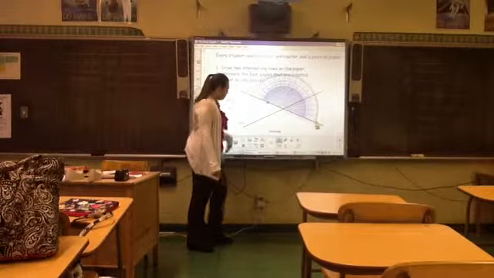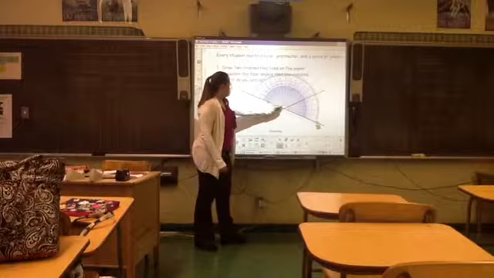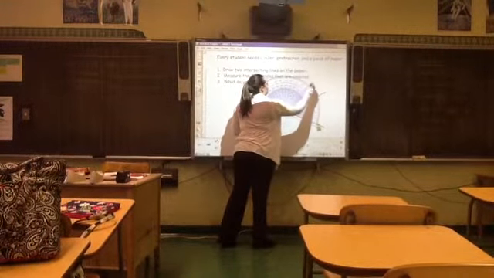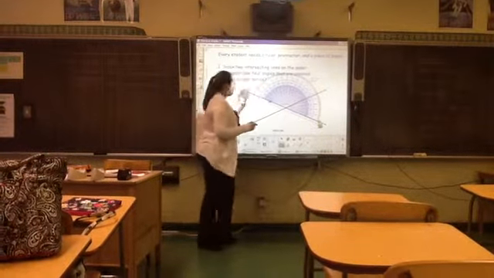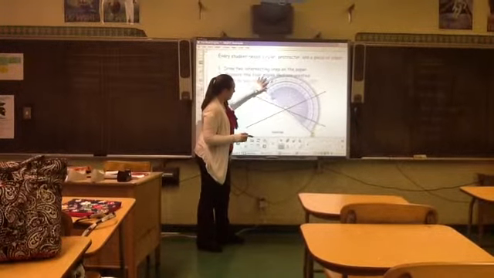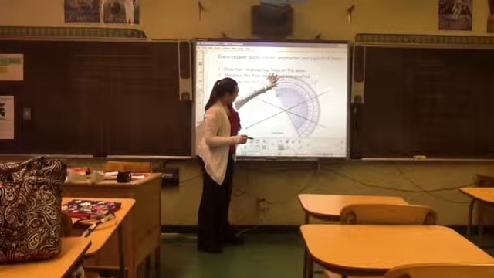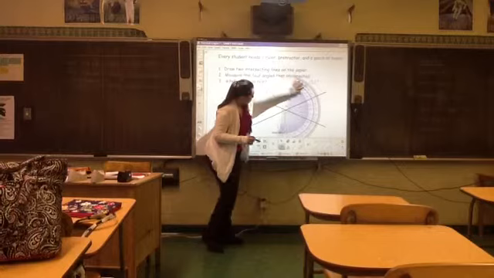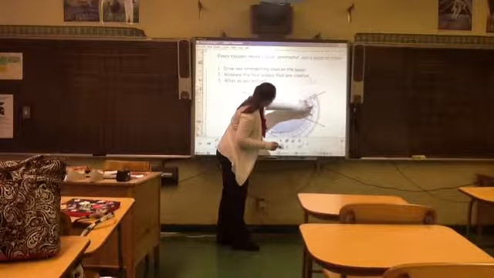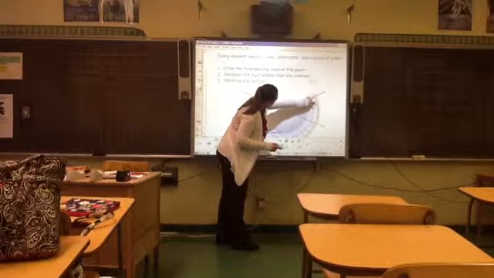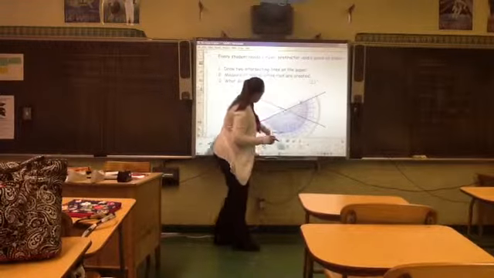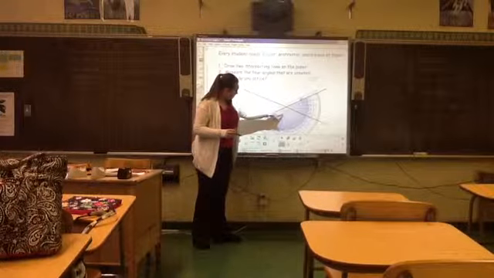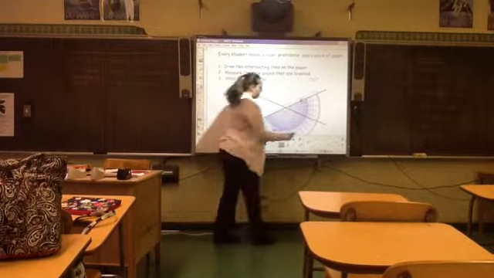So this angle has an angle measure of 133 degrees. Bringing my protractor down this way, you see that this angle measure right here is also 133 degrees.